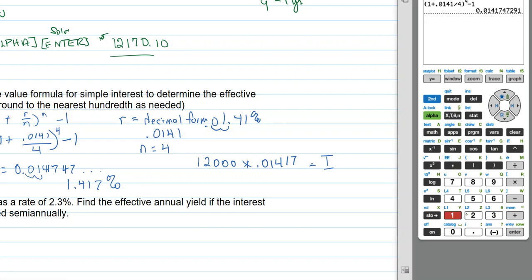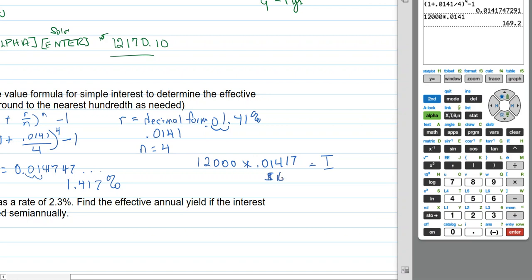So let's do that. 12,000 times 0.0141, enter, and I get 169.20. So it's saying I'm going to have 169.20.